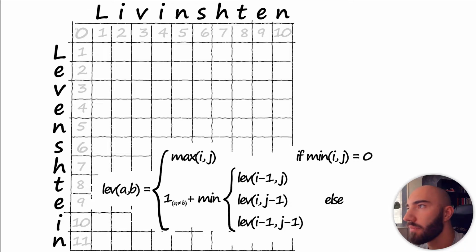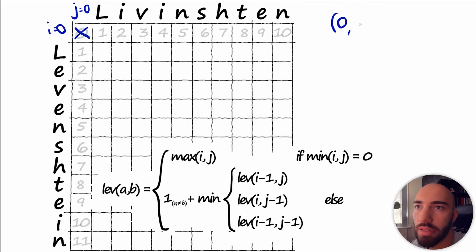So we start up here, and at this point we have our 2 values. So we're going to put i here. These rows are going to be our i indices, and here we're going to have j. Now at this point, j is equal to 0, and so is i, because we are at cell 0, 0.